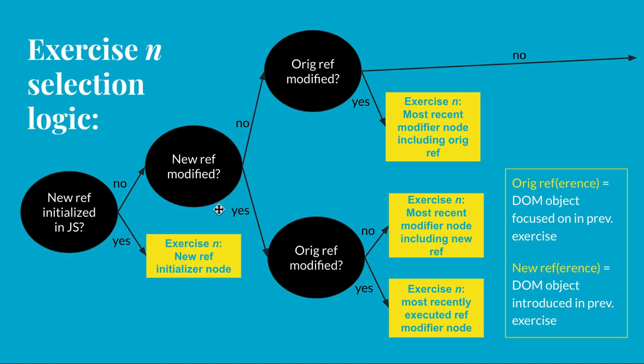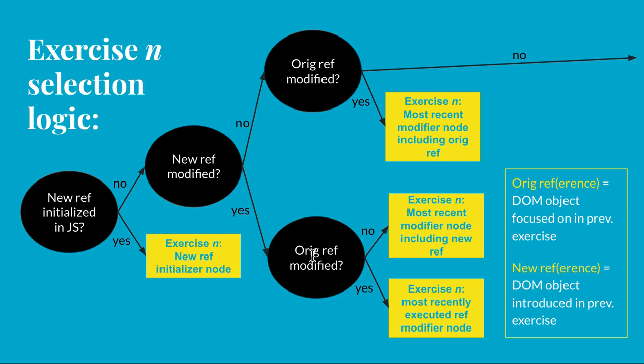If not, we're going to check, okay, is the new reference ever modified? And let's say that it is. Maybe it's modified once, maybe it's modified X times, it doesn't matter. If the answer is yes, we also need to check if the original reference is modified. In the case that both of them have been modified and have unvisited modifier nodes, then the next exercise we choose is the most recently executed reference modifier node.